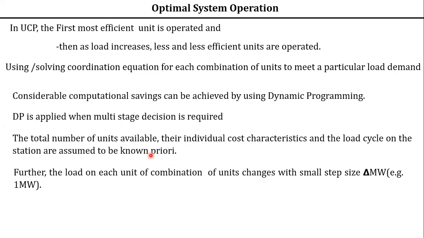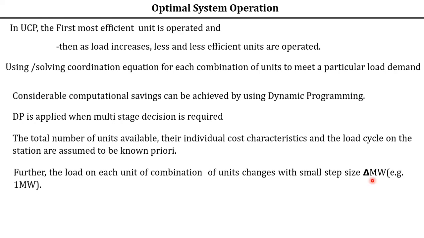Now further, the load on each unit or combination of units changes with a small step size of delta megawatt. That means, while doing this unit commitment problem using dynamic programming, every time you have to increment the load on each unit.